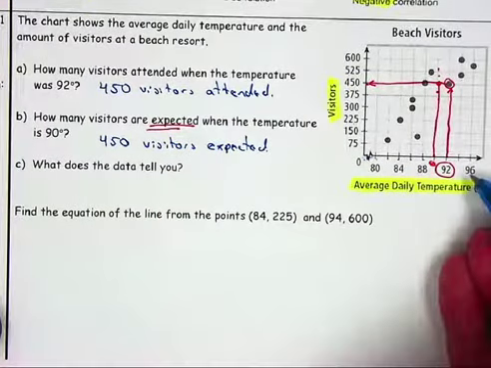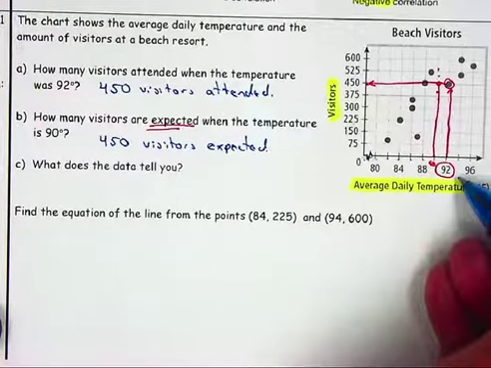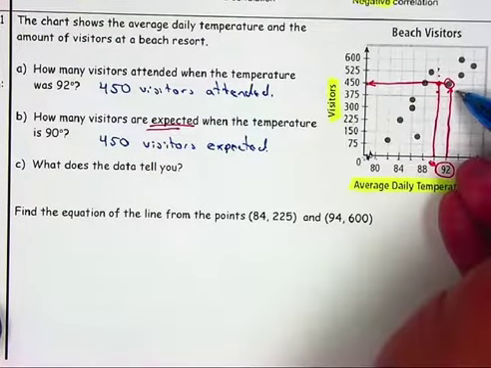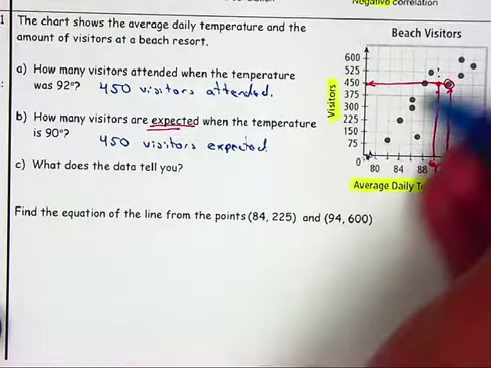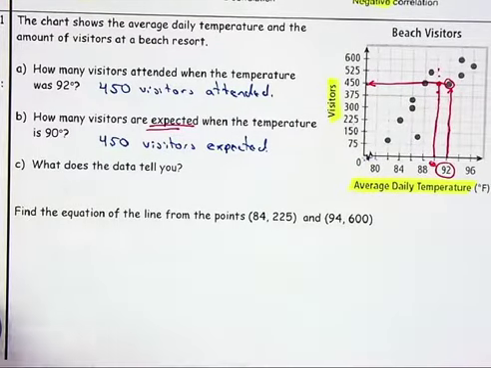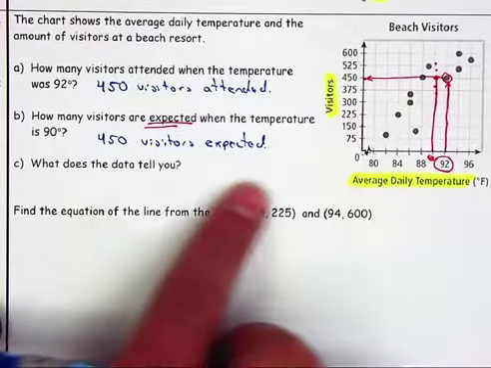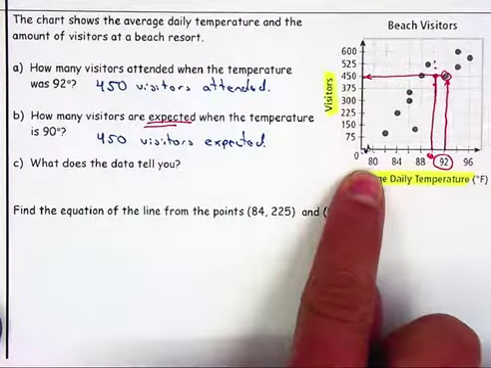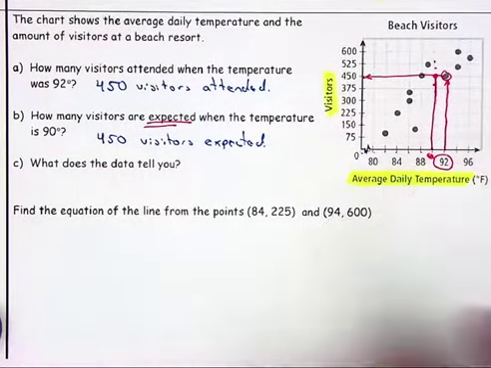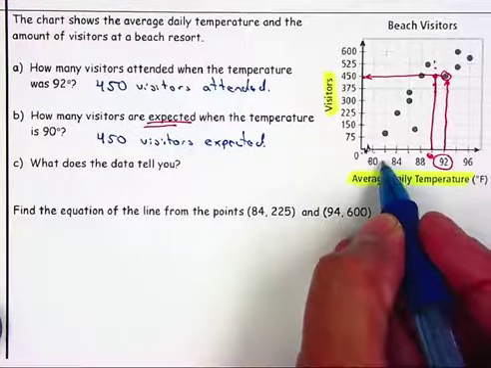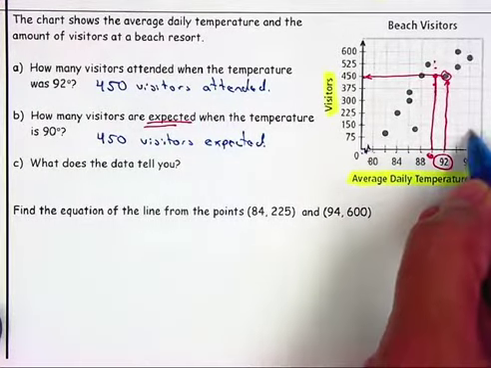So a data plot allows you to make estimations based on the data that you've collected. What does the data tell you? So we look at the x-axis. What happens as the temperature increases? If you notice, as the temperature increases, the dots are going higher.